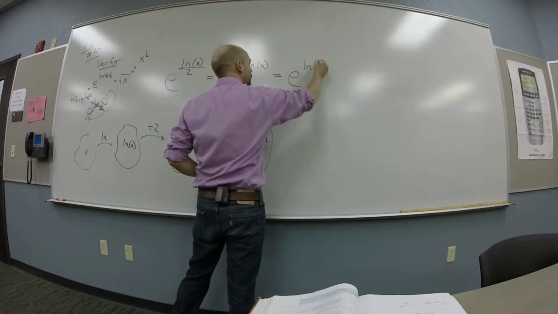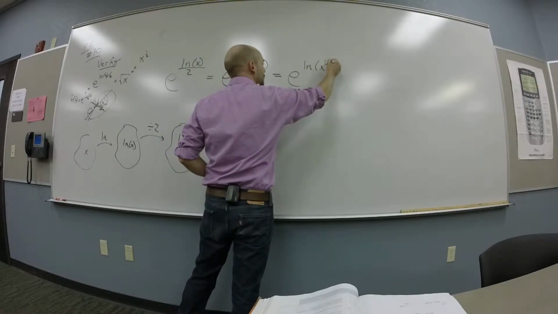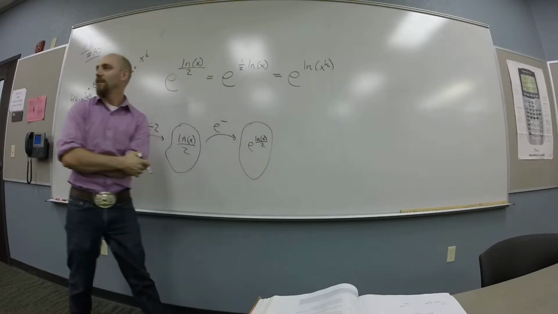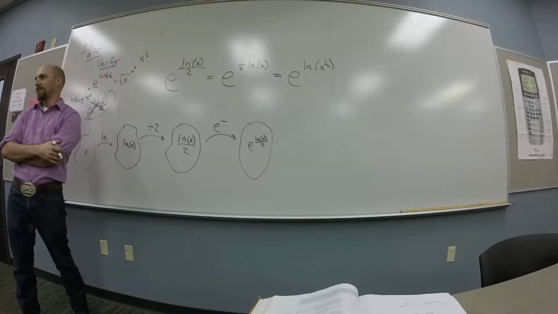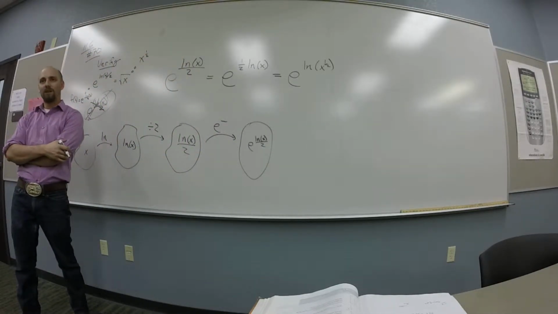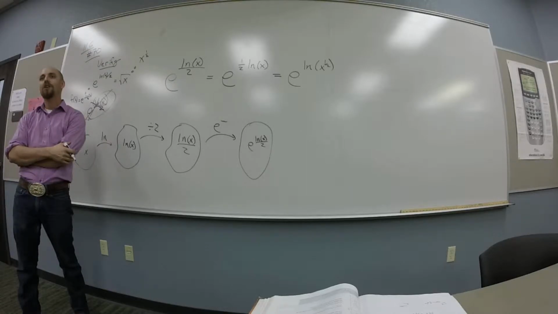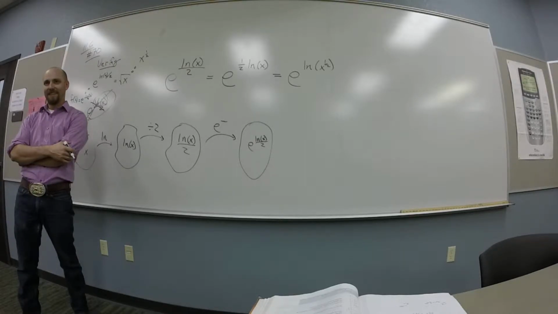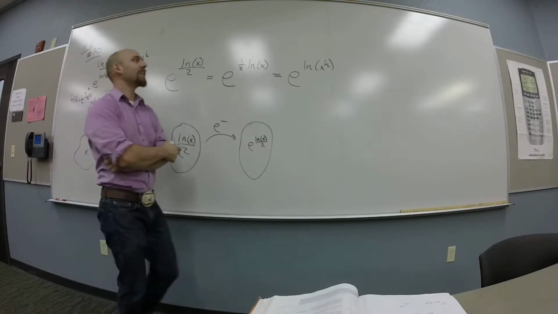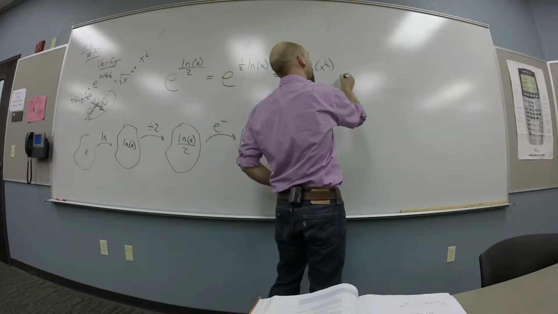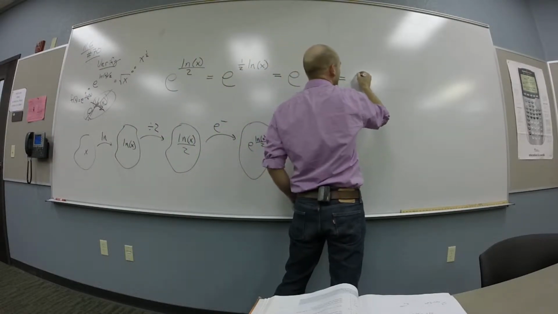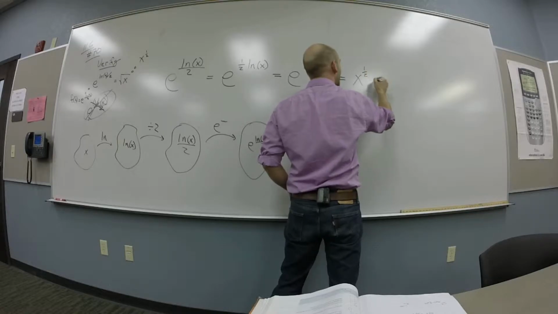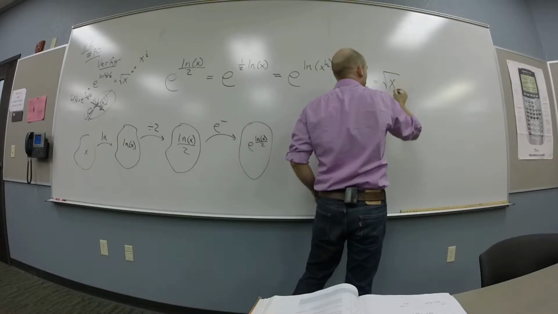So here I'm using a log rule to say this is e to the log of x to the 1/2. And now what? Now you change it. Now the e's, no, don't be crazy. Don't go to the other side yet. Well, you can cancel, then go to the other side. Yeah, so now the e and the log actually undo each other because they're next to one another. So I've got x to the 1/2, and that's the square root of x.